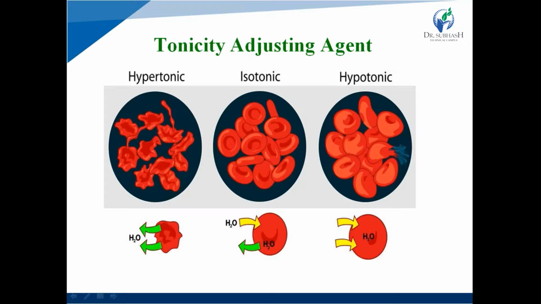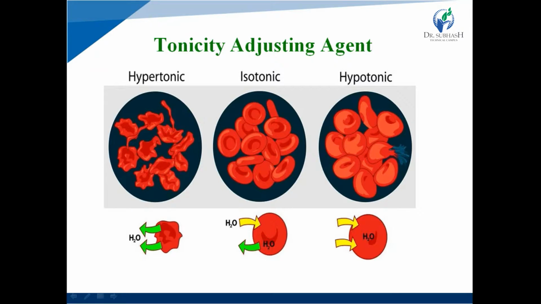Next is blocking agent; ascorbic acid ester is also used as an antioxidant, and citric acid, tartaric acid are available. Chelating agent: EDTA is used, particularly in a concentration of 0.01 to 0.075 percent.